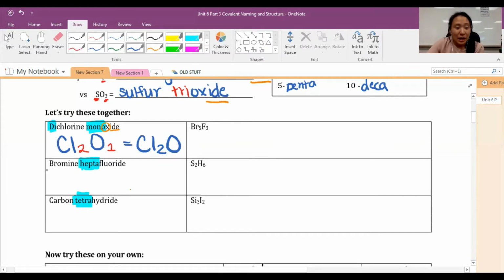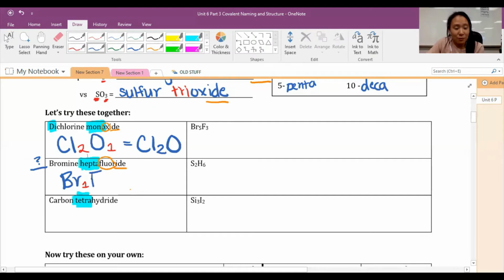Okay, so then here there is no prefix, right? There is none. That means there's exactly 1. So remember, we don't put mono on the first element. So when you write bromine, right, you could put a 1 here. And then you have heptafluoride. So it ended in "ide," but what is this root element? Fluor is fluorine.